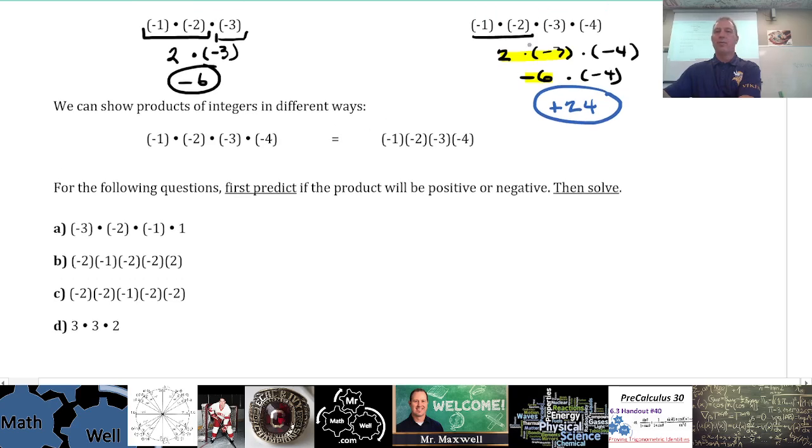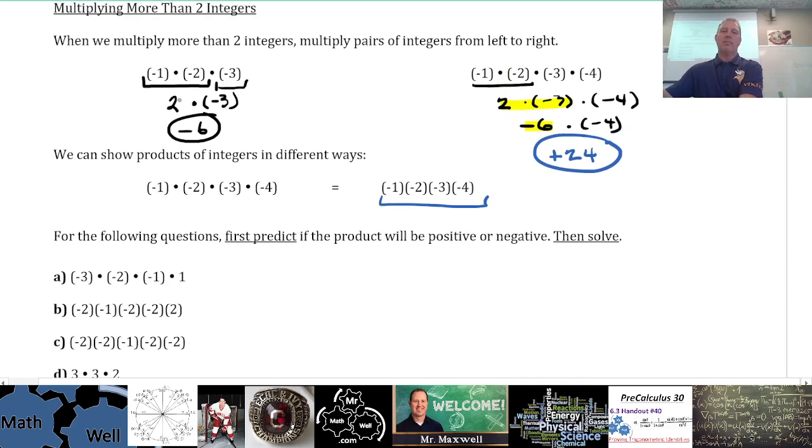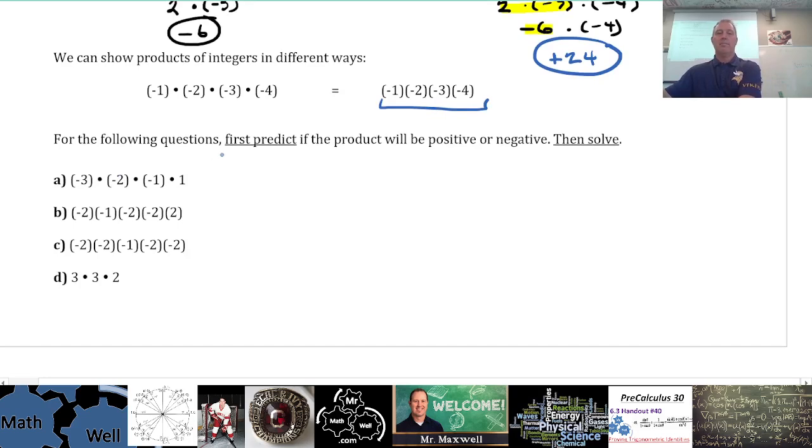Okay, so 3 and 4 are the same example, so I won't do this one again. But here's just a little note that if there's no sign in between, that also means multiplication. If you noticed in our examples with more than 2 integers being multiplied, the signs still are important. But how do we work out the final product sign?